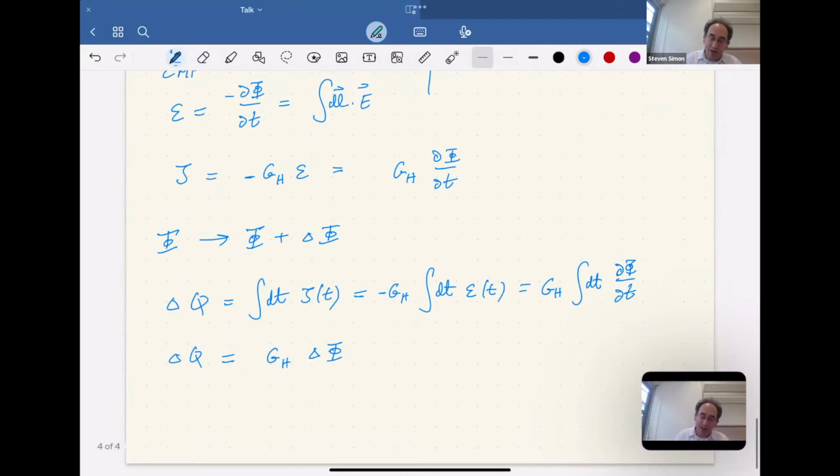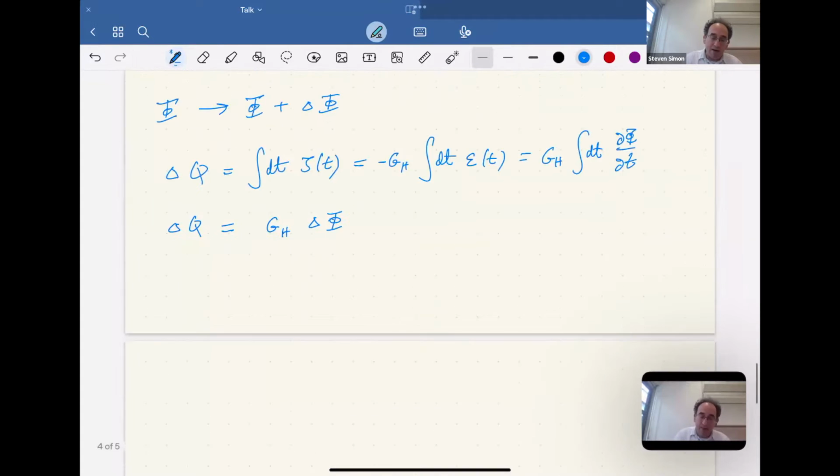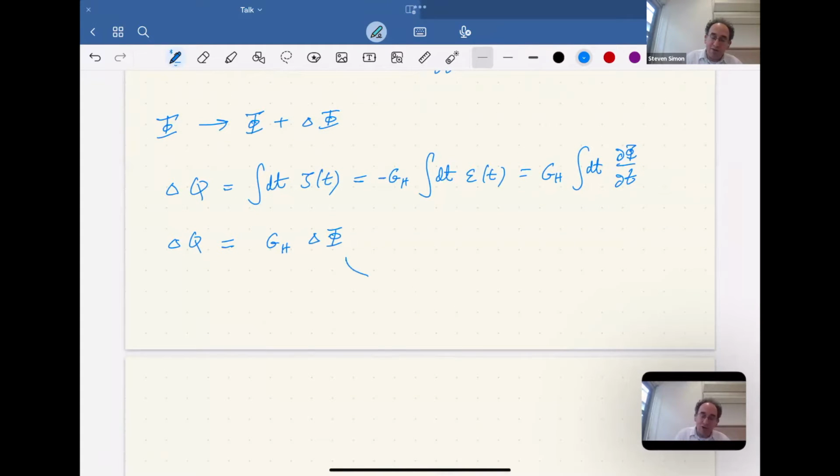Okay, now all I do is I say, let's choose delta phi to be a flux quantum, phi naught. Then I invoke the Byers and Yang theorem. I start in a unique ground state at the beginning of the day, and I have some eigenstate.